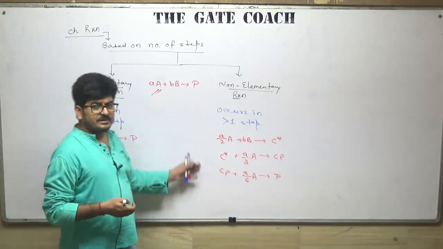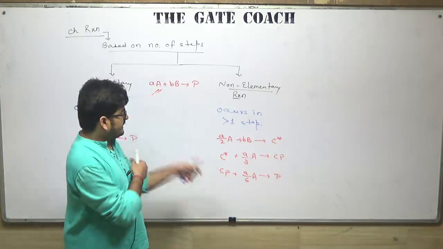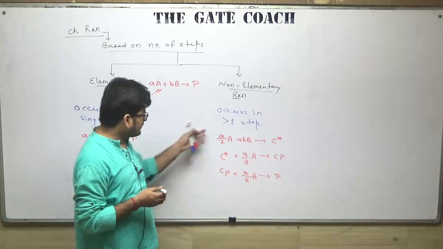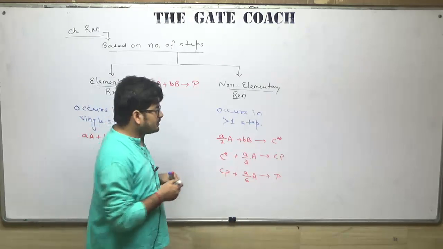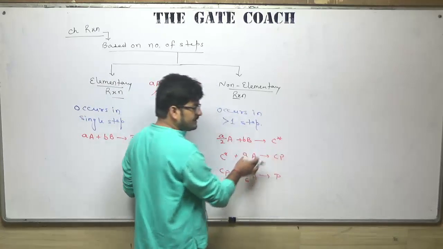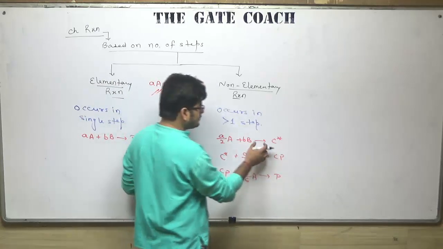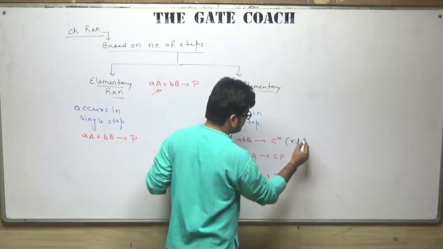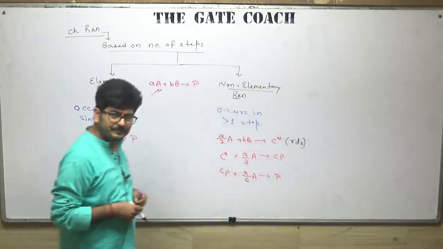So this is a non-elementary reaction, and out of these 3 steps, suppose this is the slowest step with highest resistance, so this will be the RDS. This will be the rate determining step for me.